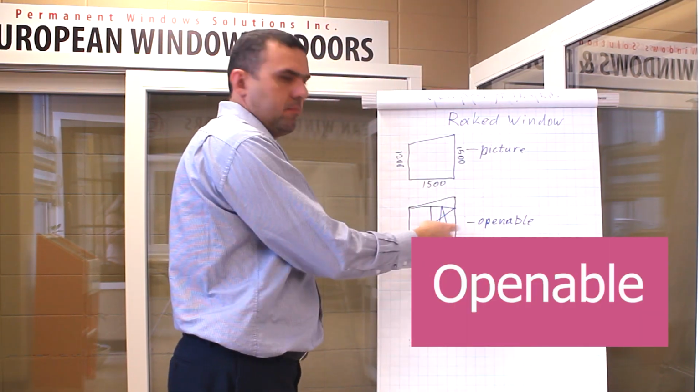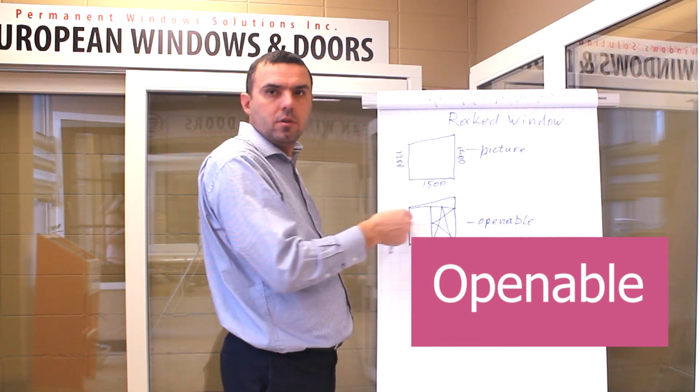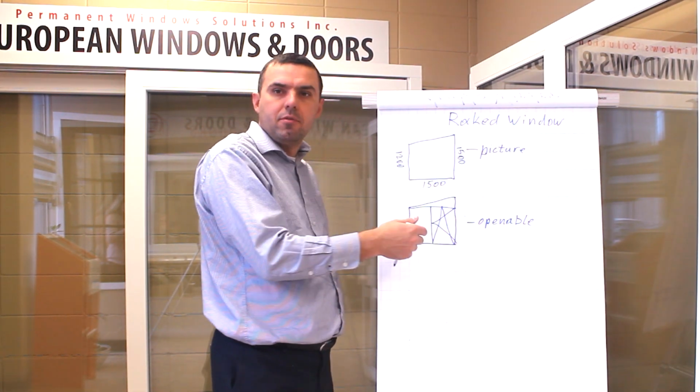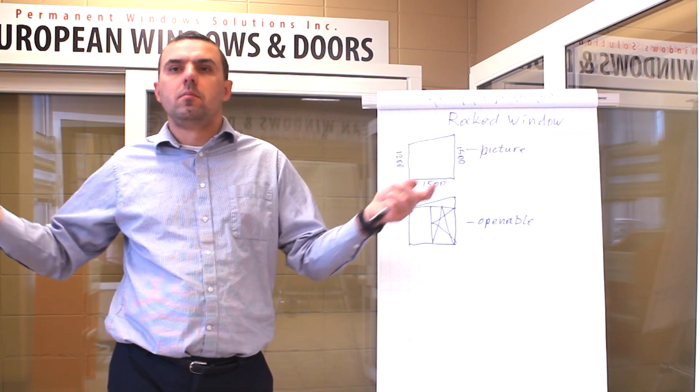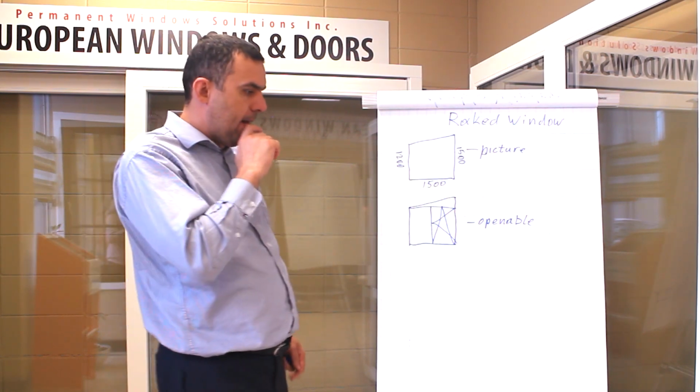Or again, by the size of the sash, it can be a full unit openable or divided by half openable, if it's more than 1.1 meter or less than 1.1 meter, right?